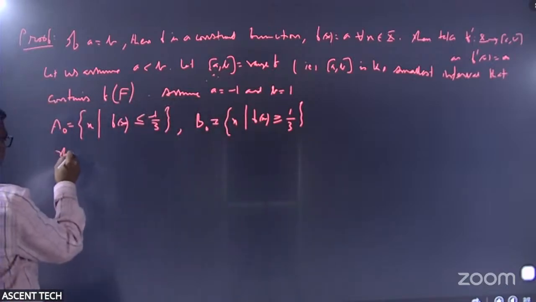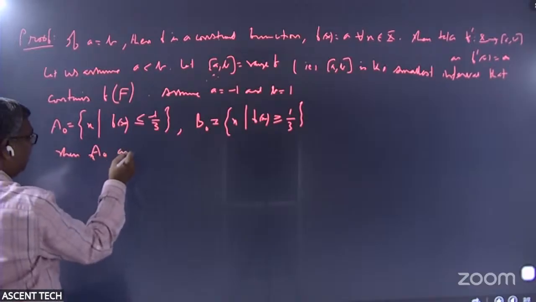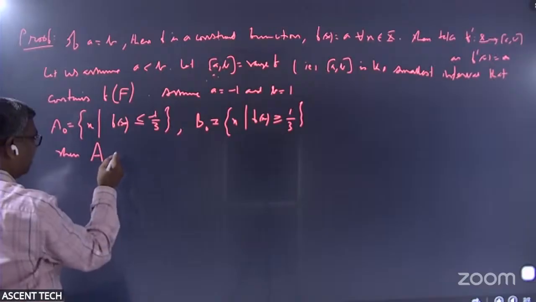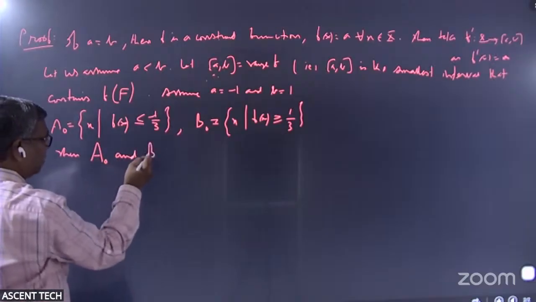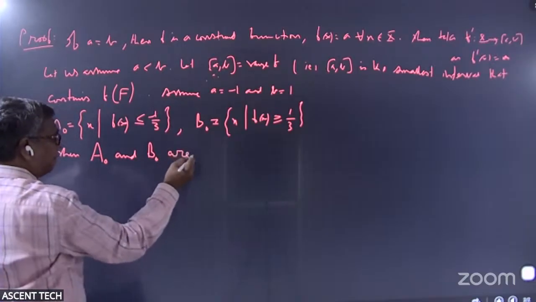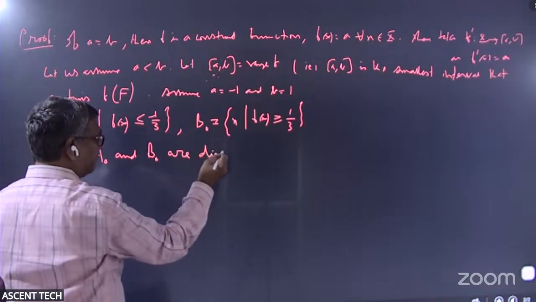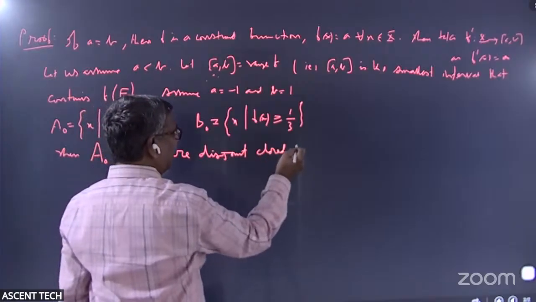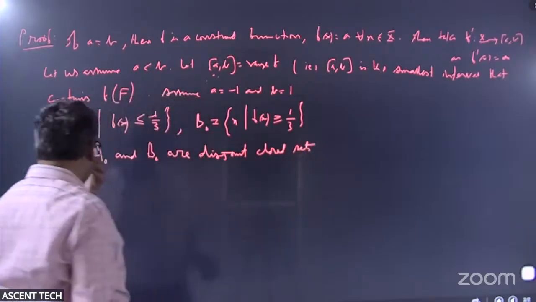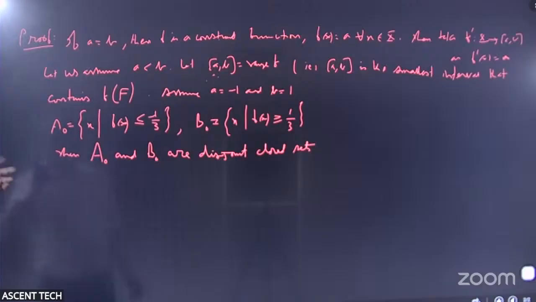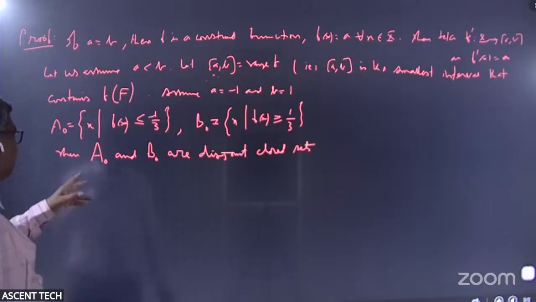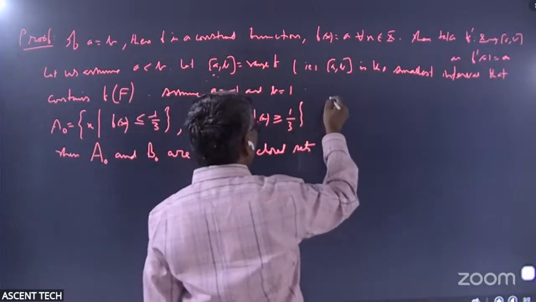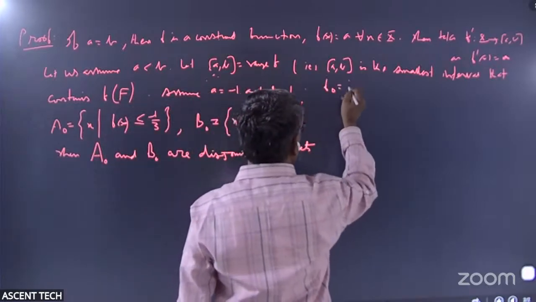Then A naught and B naught are disjoint closed sets, and therefore you can produce a function. By the way, I'm going to call f naught equal to f.